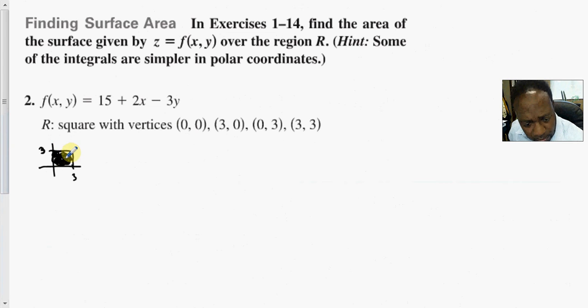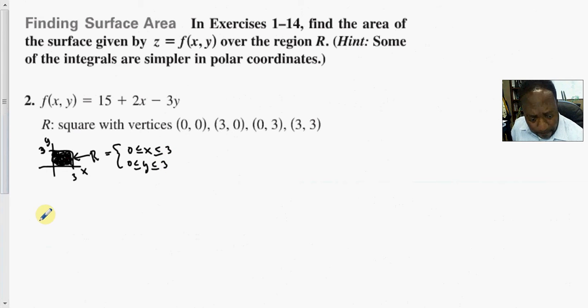So this is the region R. So R is defined 0 less than or equal to x less than or equal to 3, and 0 less than or equal to y less than or equal to 3.